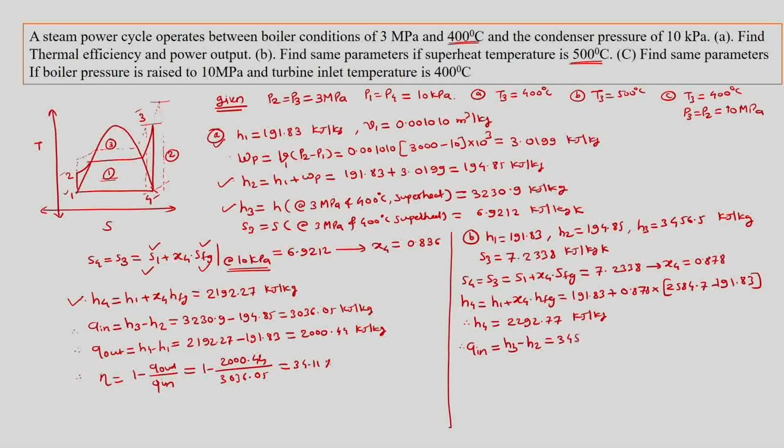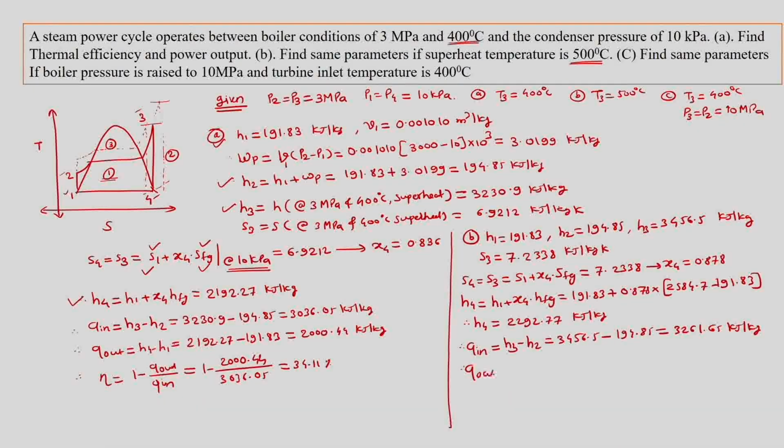So we can find Q in, which is H3 minus H2. H3 is 3456.5 minus H2, which is 194.85. This gives us Q in as 3261.65 kilojoule per kg.